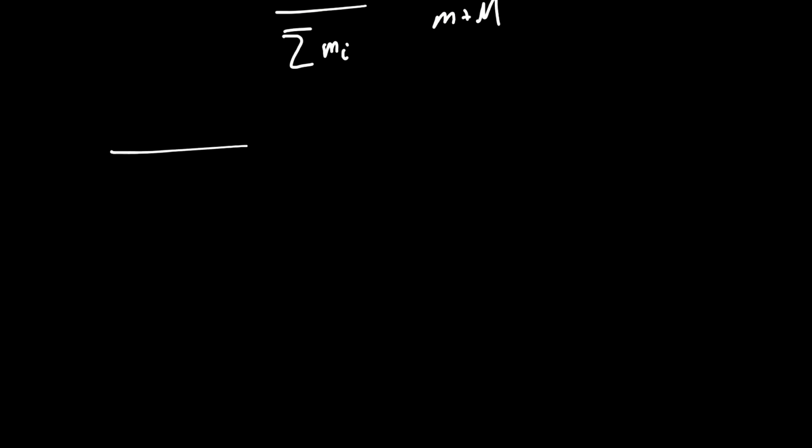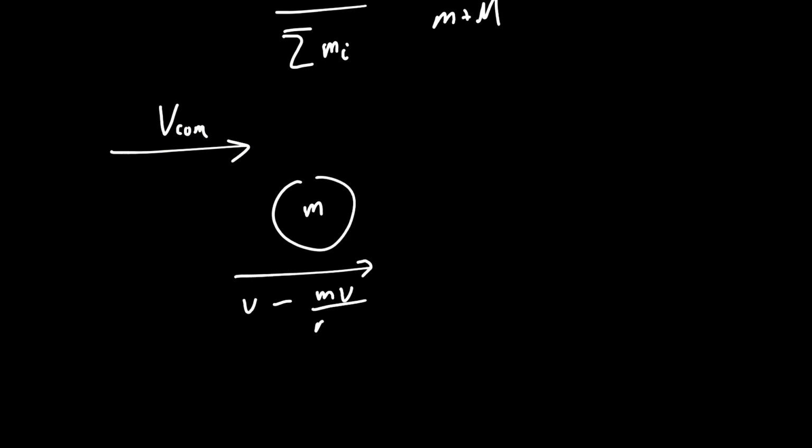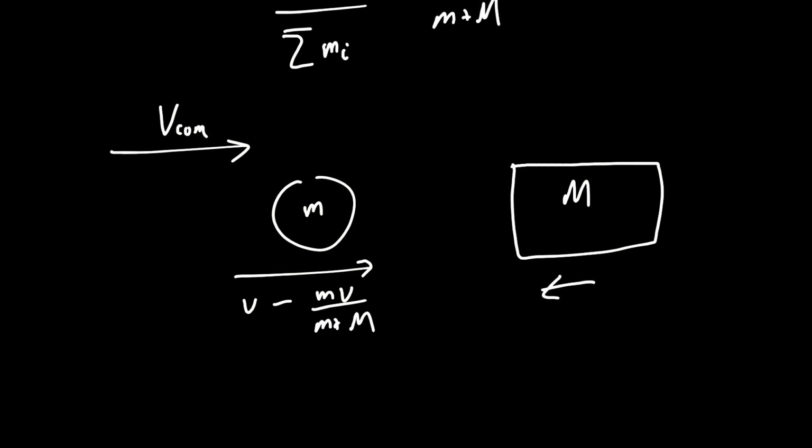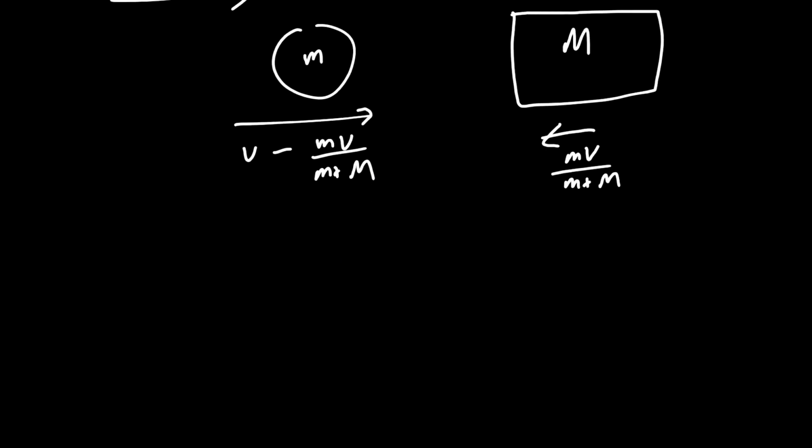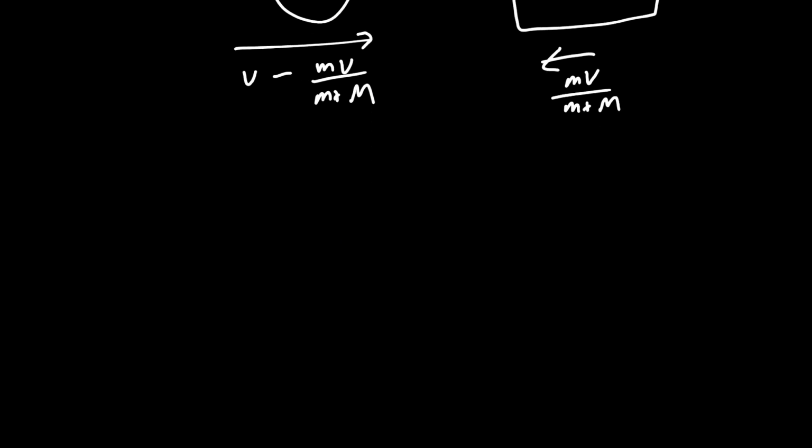So if I move into my reference frame V_COM, I'm going to have the little mass moving with v minus mv over little m plus big M, and then big M moving with mv over m plus M. I'm not going to put a minus sign here because my arrow is drawn left.